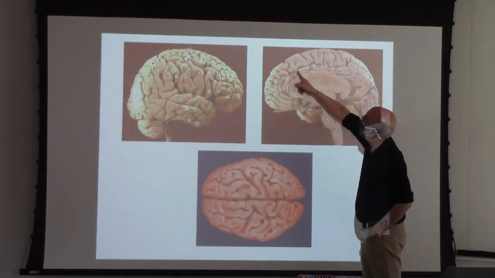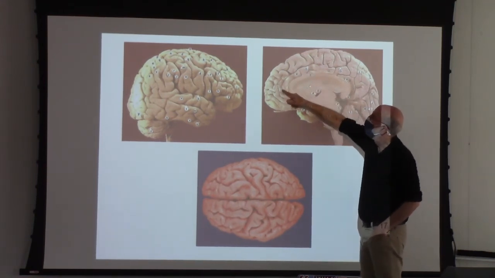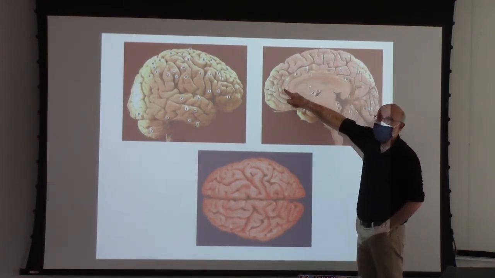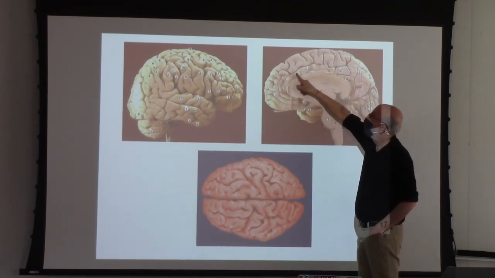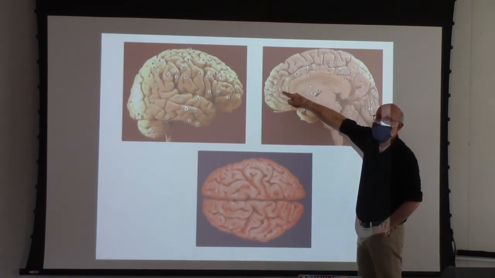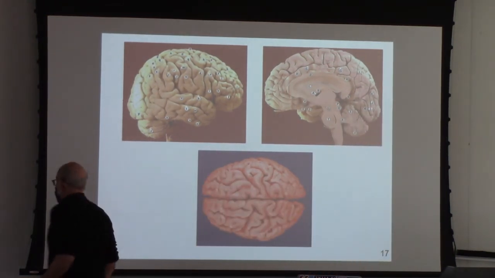Does anyone know the name of this gyrus right here? It's got a name. Some of you sounded like you knew some neuroanatomy already. Anybody know the name of that one? It's called the cingulate gyrus. Not singular, but cingulate.